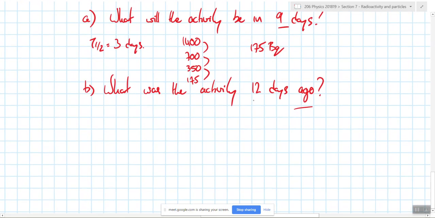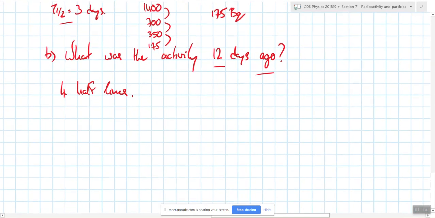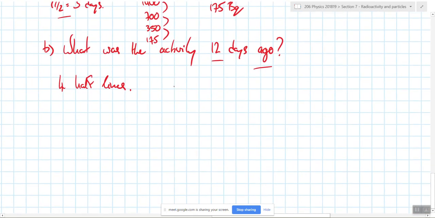Now, if we're going backwards, well, then we need to do it the other way around. So this time we've got 12 days. The half-life is still 3 days. So that's going to be 4 half-lives. We're going backwards this time. So we've got 1400. Somebody help me out.